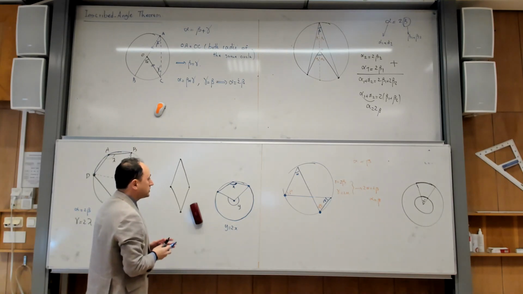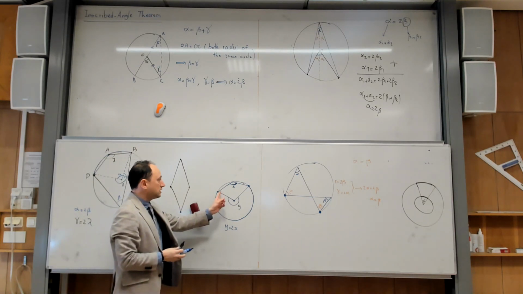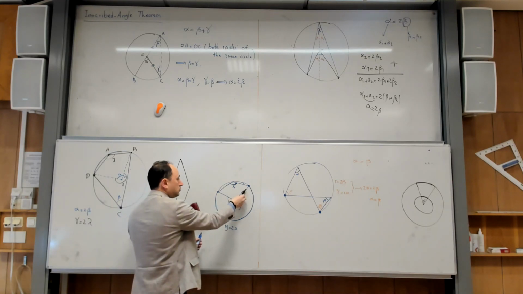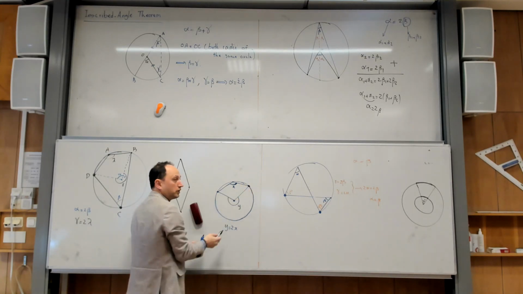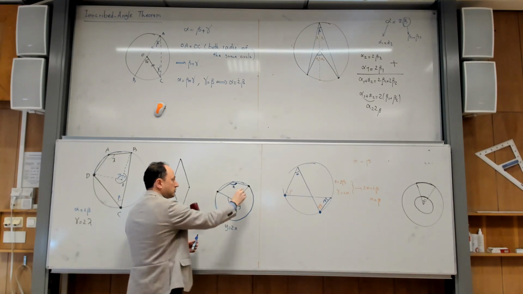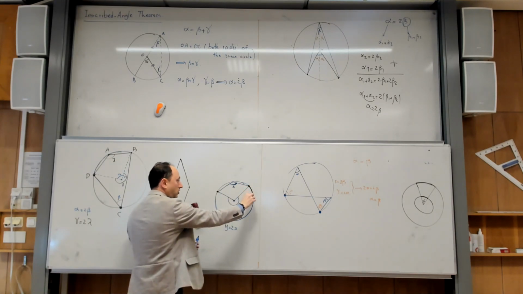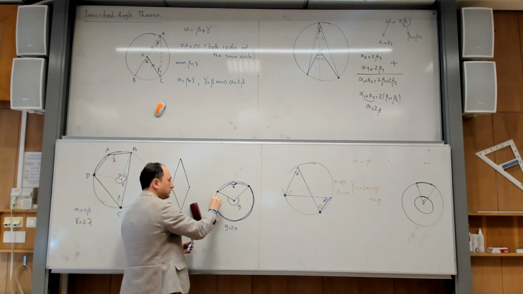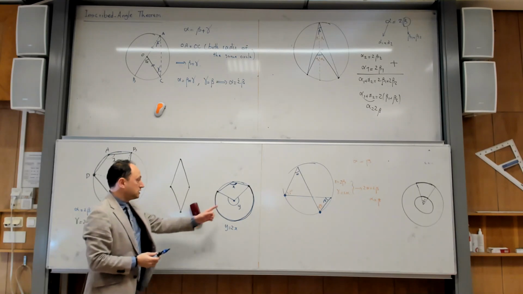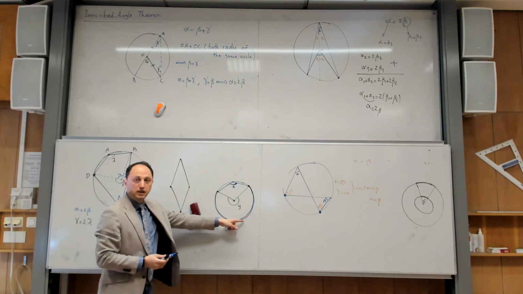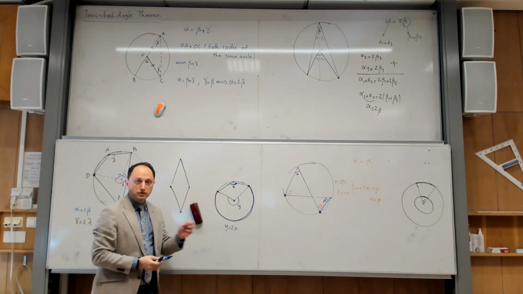If I ask you the same question, can you show me the arc subtended by y, you would say this is one leg of y, and this is the intersection point, and this is another leg of y, this is the intersection point. So this means that the same arc is subtended by y. So this is central subtending this arc, this is inscribed subtending this arc, so y is 2x.